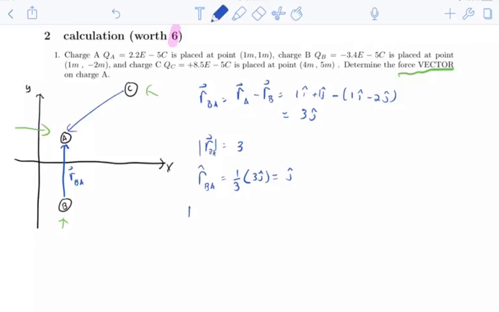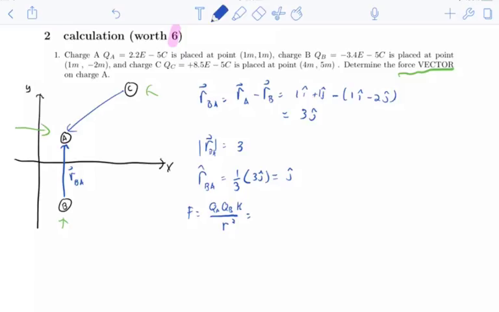It's going to be QA QB times K divided by R squared. So QA is 2.2 E minus 5, and QB is minus 3.4 E minus 5, and K is 9 E9, and R is equal to 3.